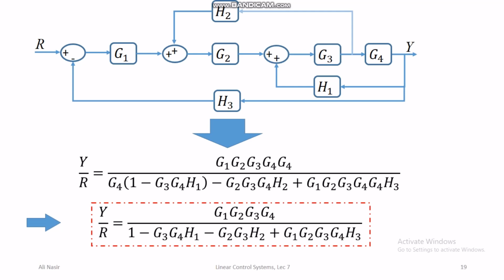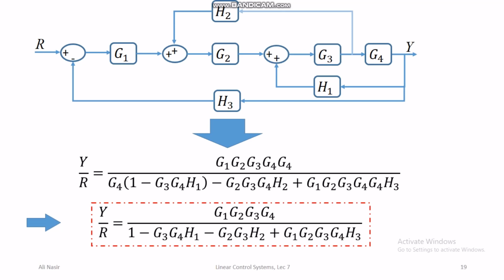So the expression in the red box is basically the fully simplified transfer function between y over r in the original block diagram. Now I want you to look very closely at this final transfer function, and let's try to study how it correlates with the original block diagram.